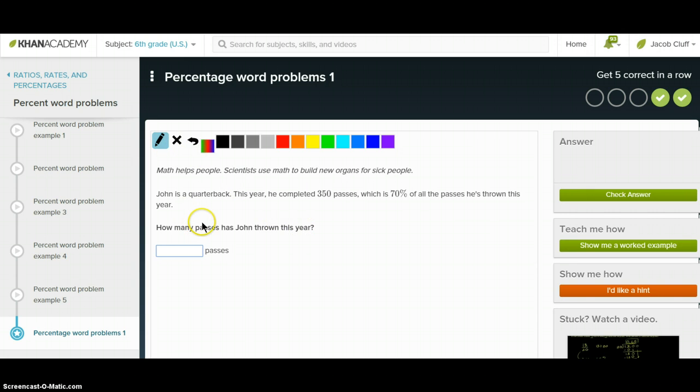Alright, so next problem, John's a quarterback. He's completed 350 passes, which is 70% of all the passes he's thrown this year. Alright, so we can do 70 over 100. And the 70% is the 350. So we're going to set up the ratio this way.